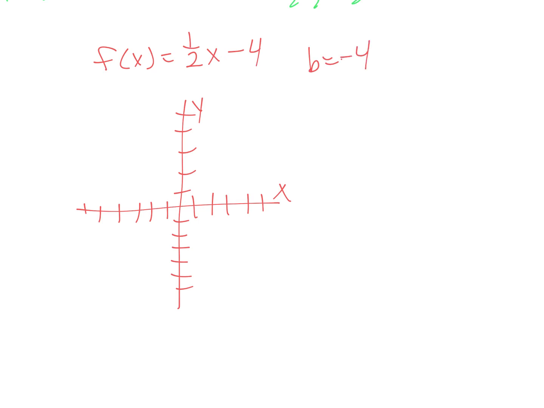So we're going to put a point at 1, 2, 3, 4, -4. And my slope is 1/2. So I'm going to go up 1 and over 2. I could go down 1 and over 2 as well, right? It's a little wonky, but get the idea here.